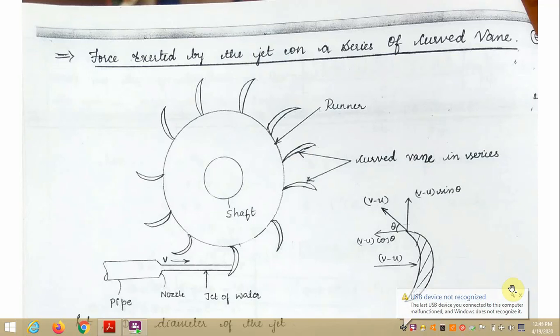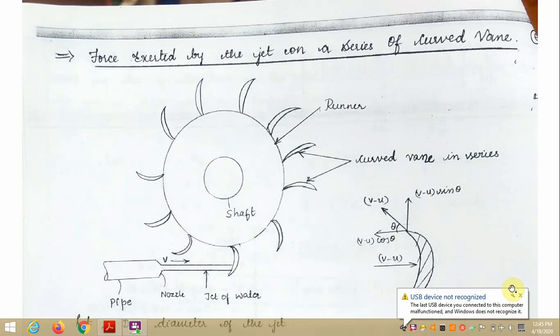Here we are studying a number of curved vanes attached to this shaft, and these curved vanes are subjected to the impact of a jet of water.